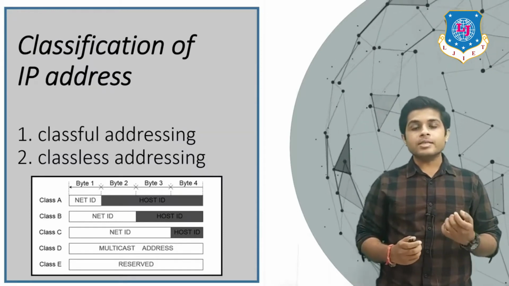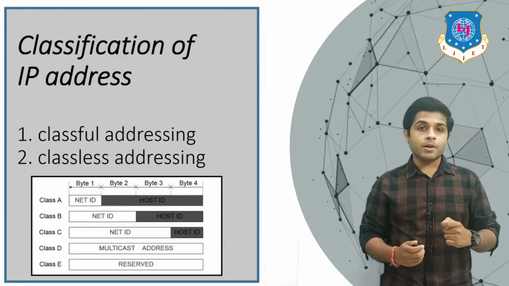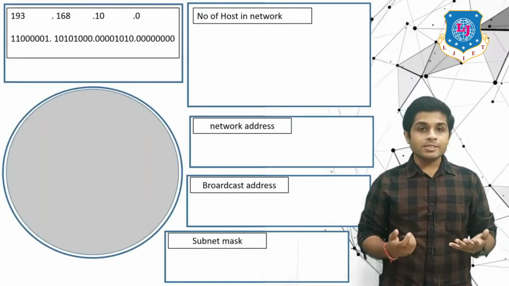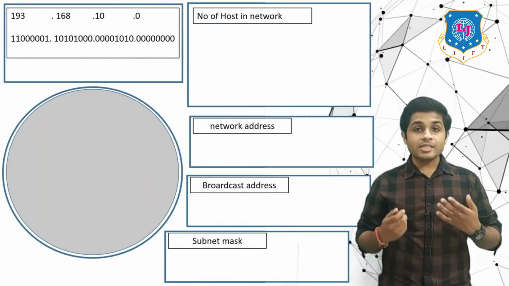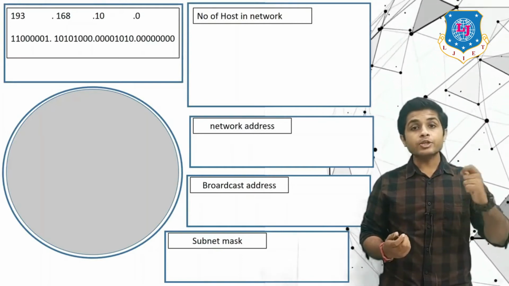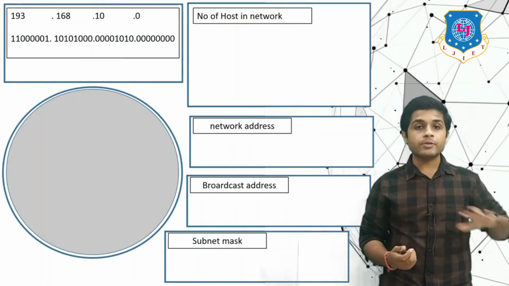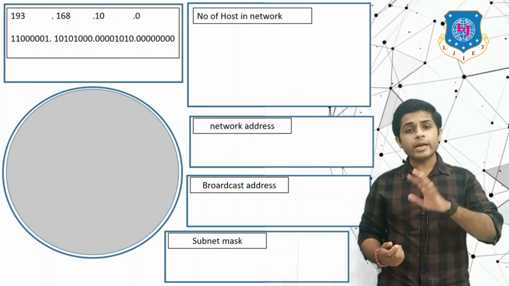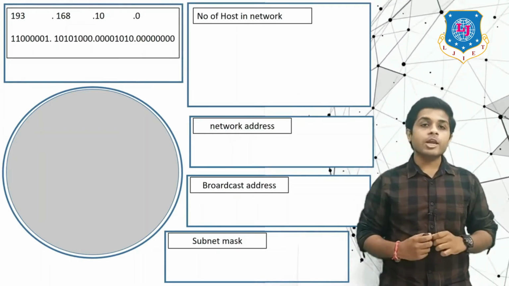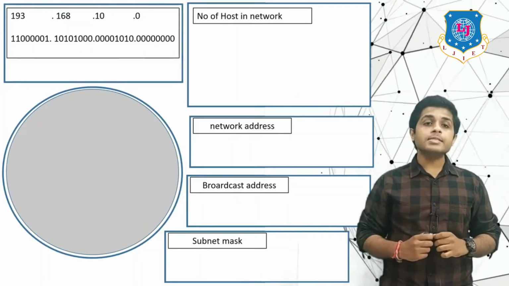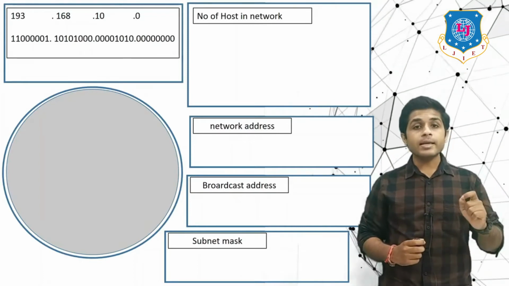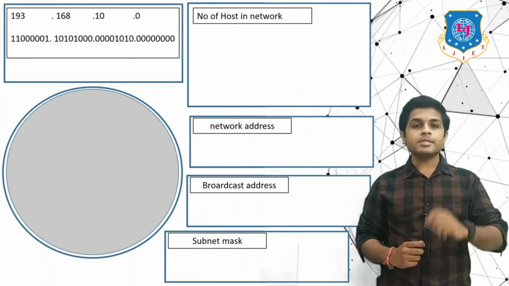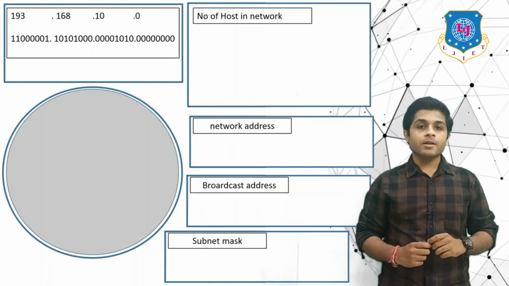So let's see the first example of the class C network. We have just discussed that in class C, there are a total of 2 raised to 24 individual networks possible. From those networks, one network is allocated to you, which you can see on the screen, which is 193.168.10.0. It is also represented in binary.